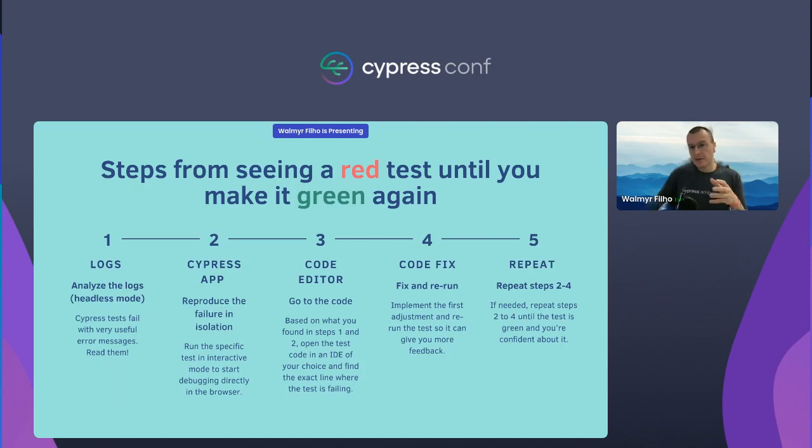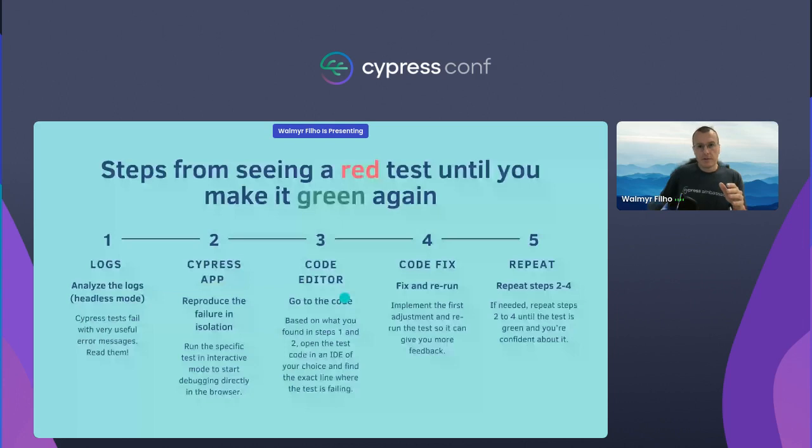And then you save the file. Cypress automatically reruns your test in interactive mode if you haven't disabled that. And then you can either see your task passing, or you can have more feedback to see what you have to do next. And step 5 is basically repeating steps 2 through 4, until your test is green and you are confident about it. Okay, so now let's look into an example.